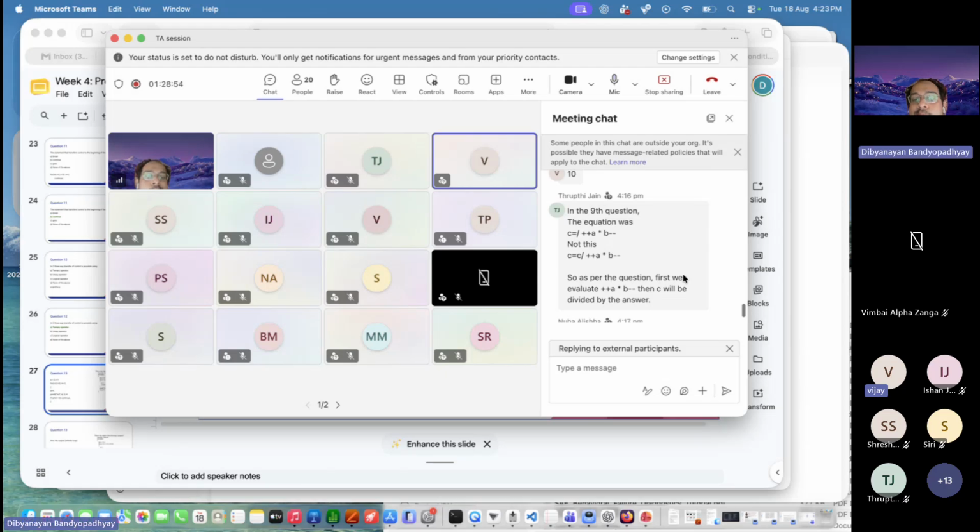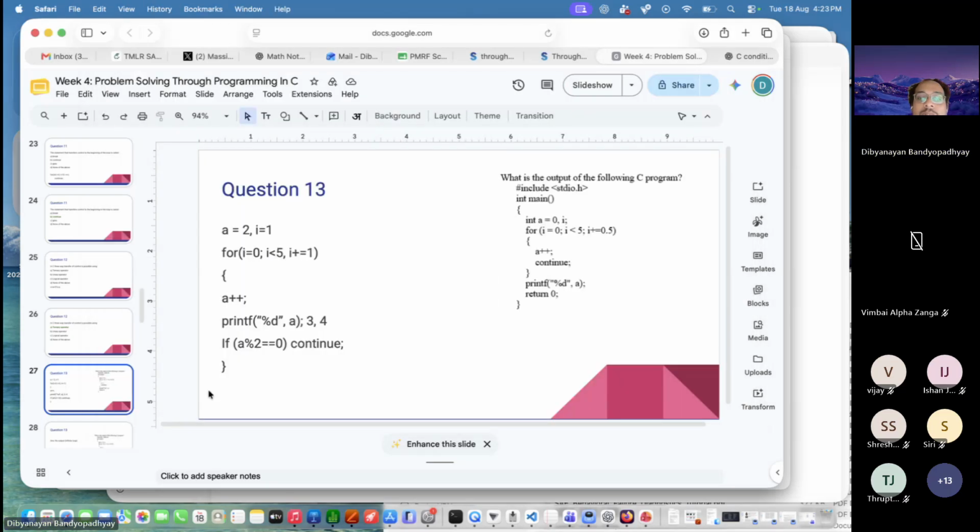I have checked in Google, and this type of operator, plus equal to, minus equal to, divided by equal to, all have the least precedence compared to multiplication and division. Correct, that was what I was saying. Oh, that's the reason. Yes, understood.